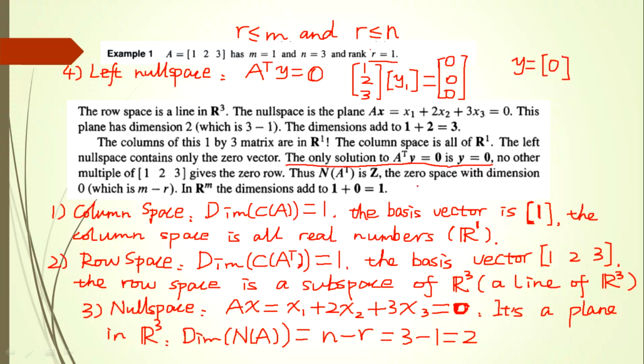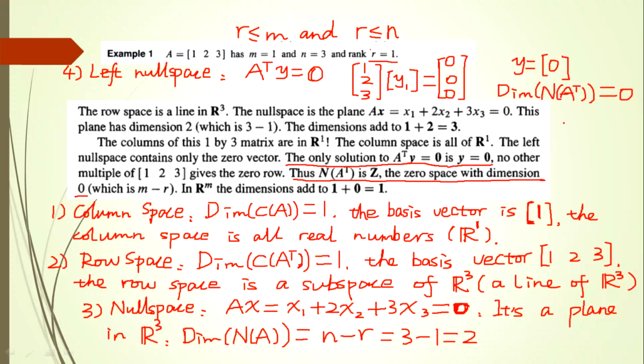We have already introduced the 0 space. This is called the 0 space Z, capital Z, with dimension 0. The dimension of the left null space is 0.